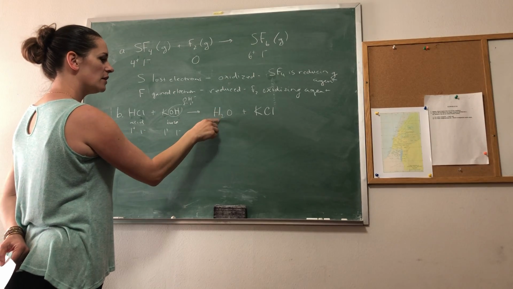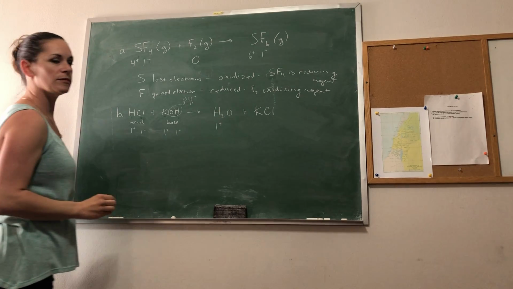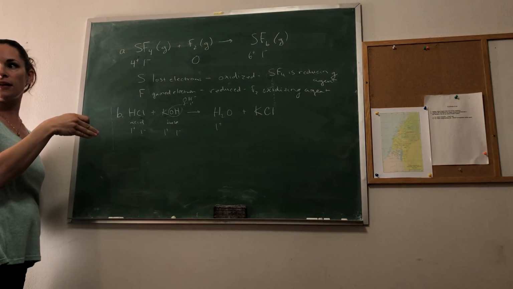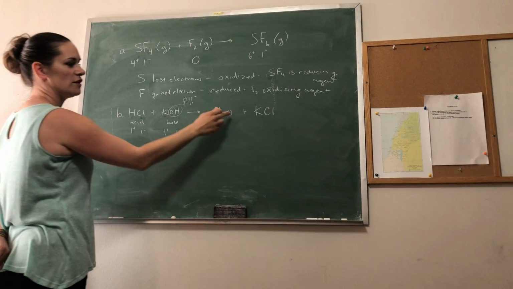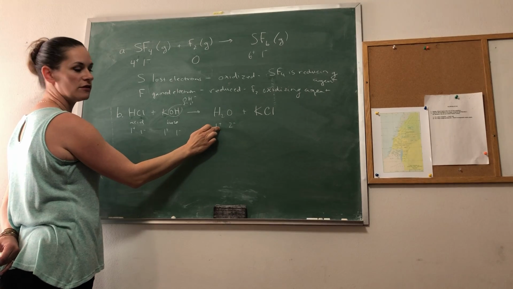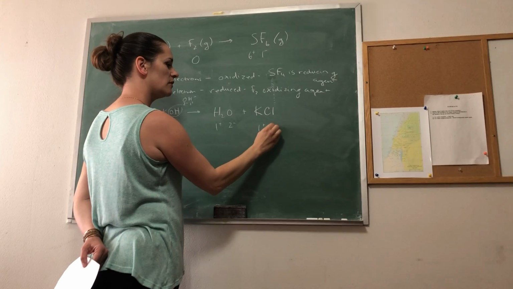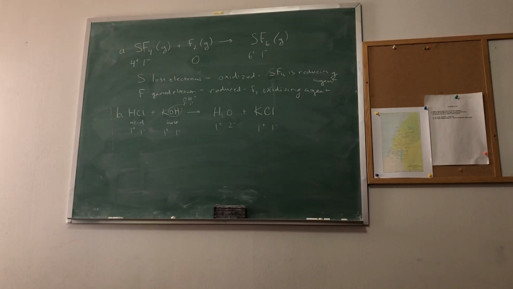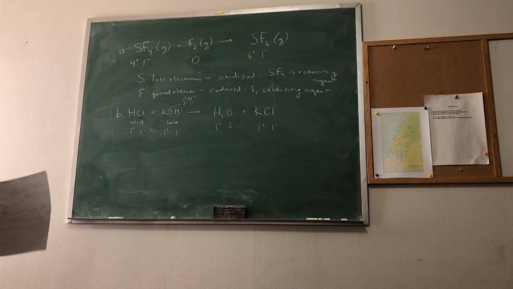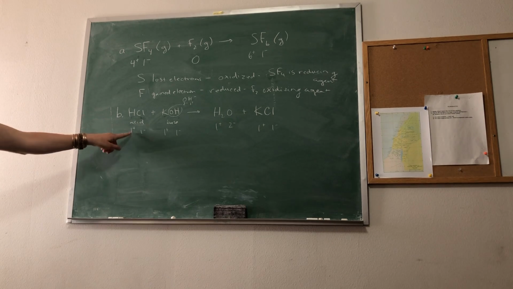And then over here, what are our oxidation states? Hydrogen's always +1 when it's in a covalent compound. Oxygen is generally -2, because that's 2 hydrogens, so that's +2, -2. And then this is an ionic compound. So what happened to our hydrogen?